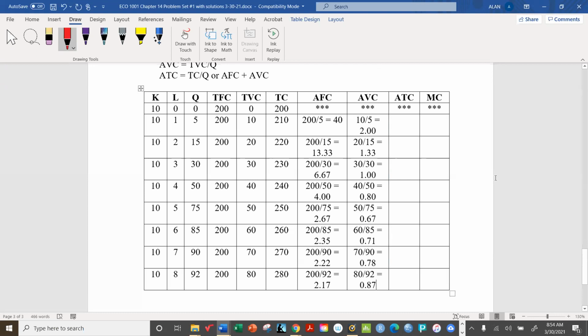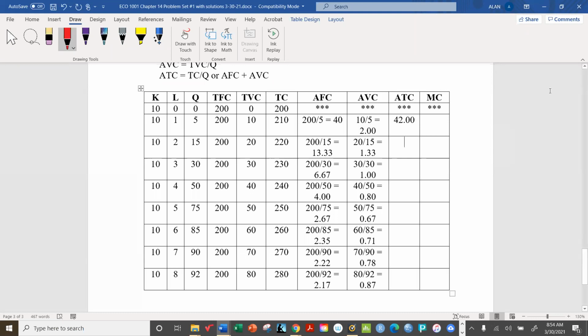Ooh, that's a lot of calculations. And now, this is why I said before, ATC is just the sum of these two. You can do the divisions if you want to, but I think it's easier to just add from left to right. Why not? They're already staring us in the face. Why not just add them together?